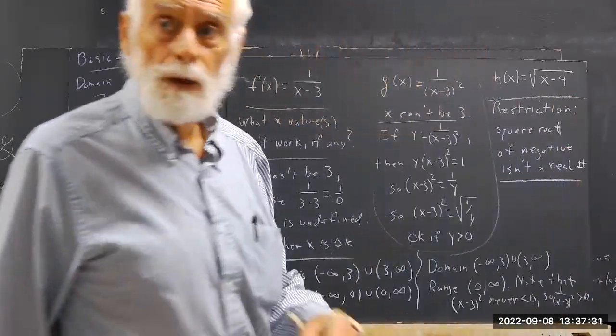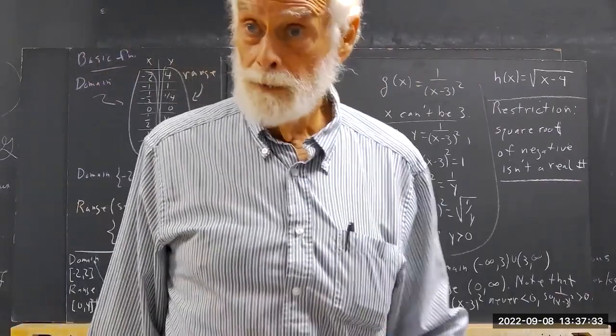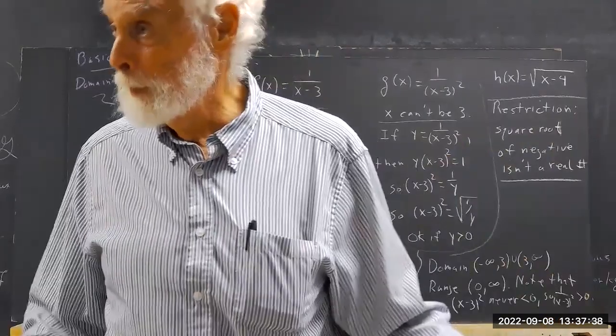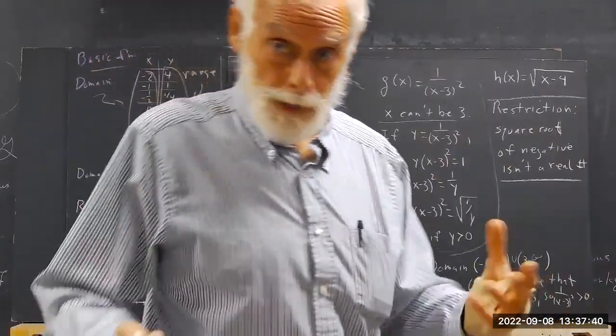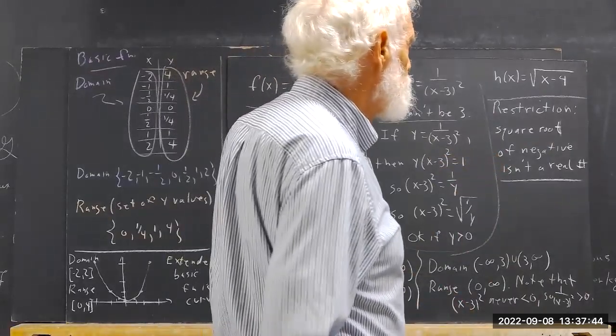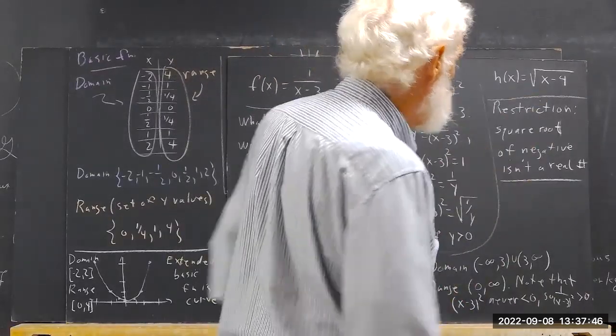So that's the other big restriction that you have on domains with functions that are given by equations and formulas. And that's a lot of what you're going to see.